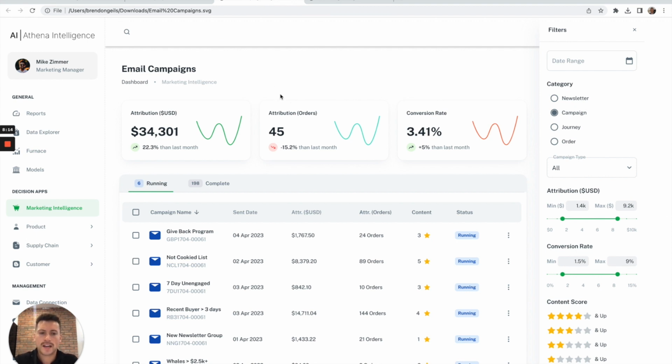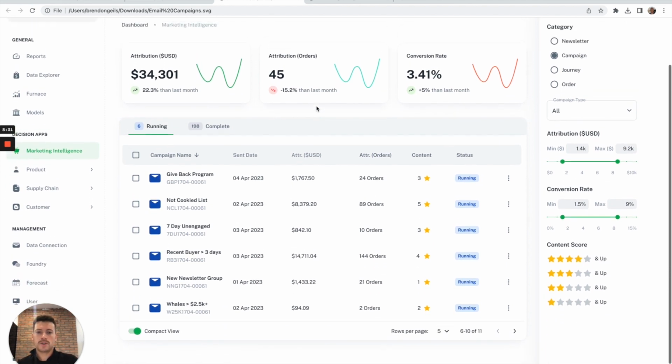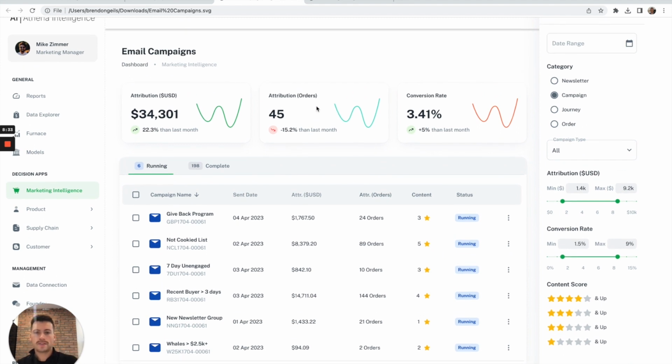This is where we can look at all the historical campaigns that the business is either running currently or has historically run, and then do an attribution workflow to identify how well each one did and why it did that well. So in this view, we're just looking at a 10,000 foot view of the email campaigns, any one of these line items here, as well as the attribution in dollars and in number of orders.